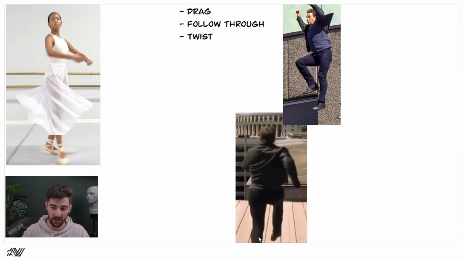As you can see here on the picture, let me indicate that in red. You will see that we have this clear point of tension here from her hip because she's twisting her body this way, so she's rotating a certain way.